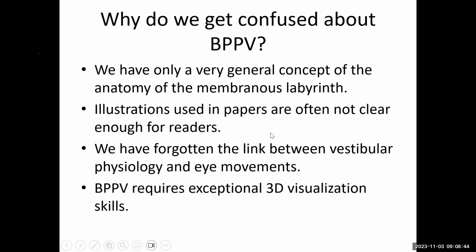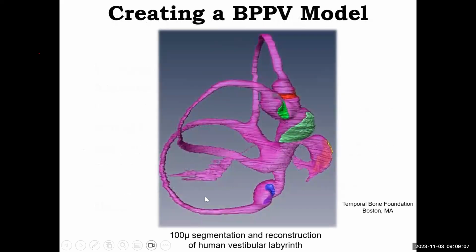Sometimes we go to the papers to look at things, but we get confused by the illustrations used, and we don't have really good enough 3D visualization skills to understand what is happening. Not only that, we have gotten a little rusty with our ability to interpret eye movements using Ewald's laws. So we're going to review that today.